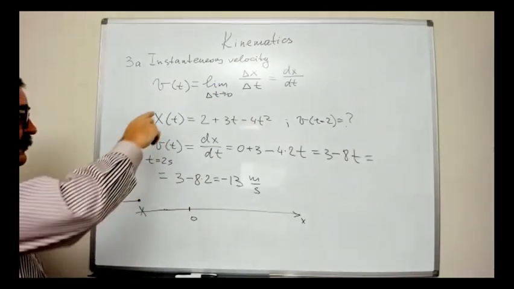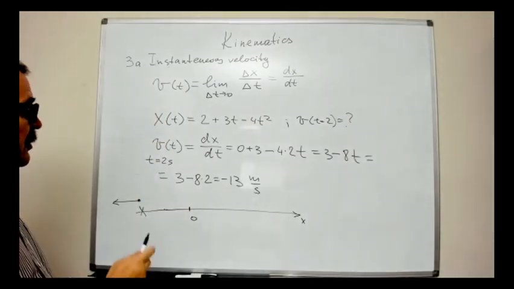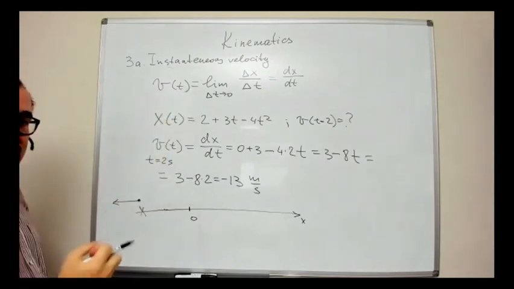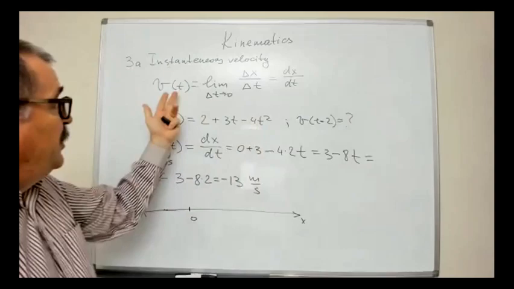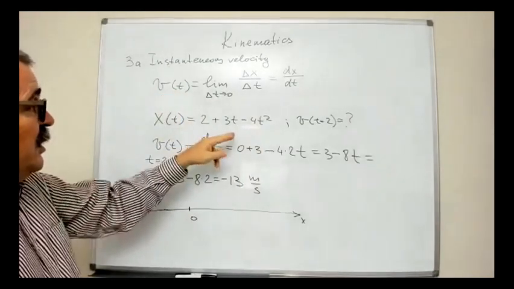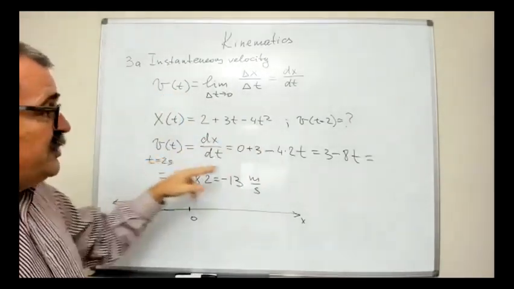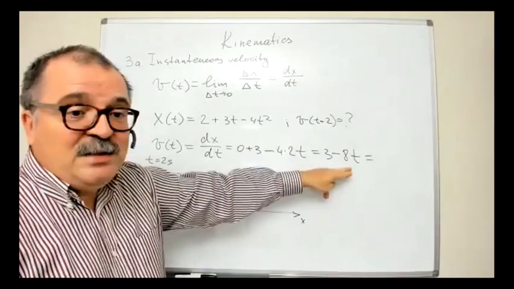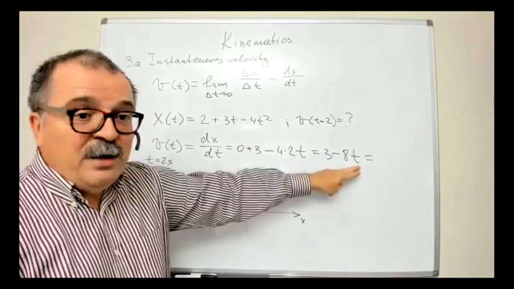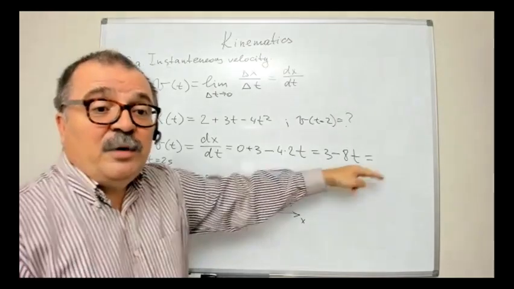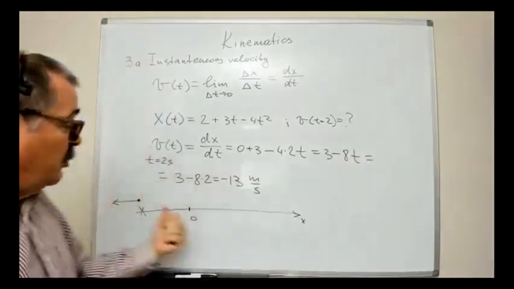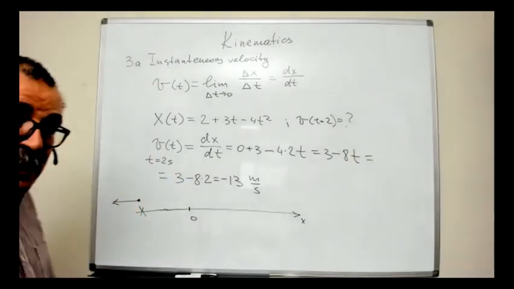But in principle, you may have a situation where the velocity itself changes in time. For example, here the velocity we found is 3 minus 8t, so the velocity itself changes in time, becoming more and more negative as time grows. So that means the object moves faster and faster to the left with time.